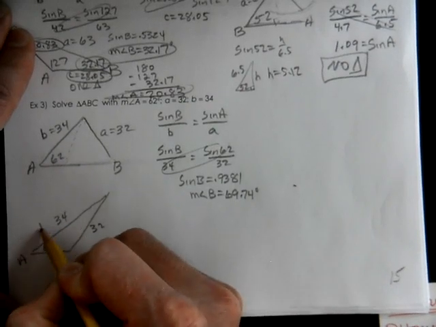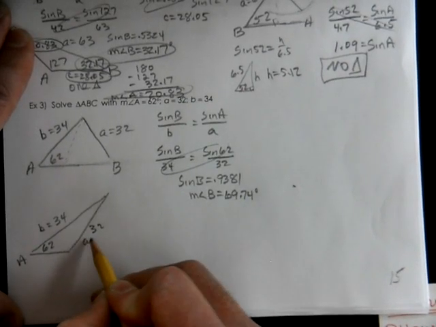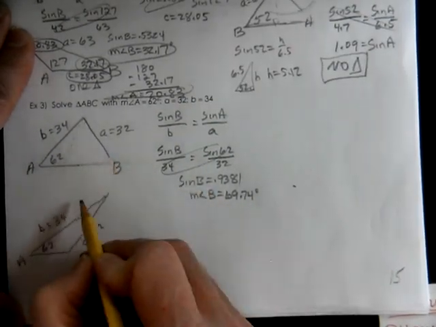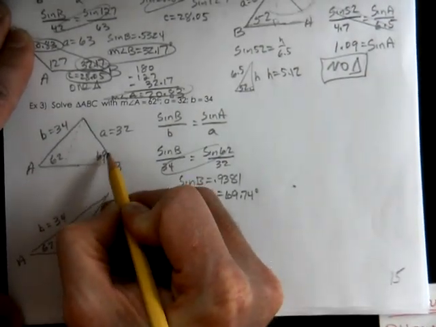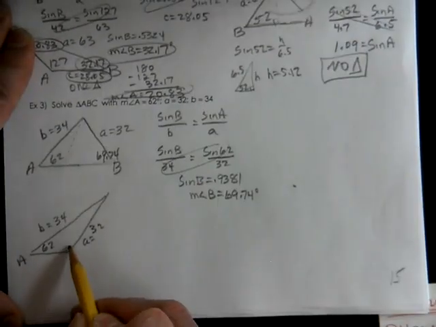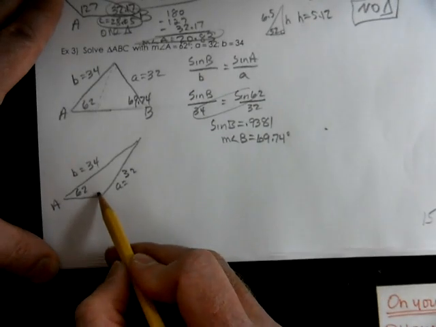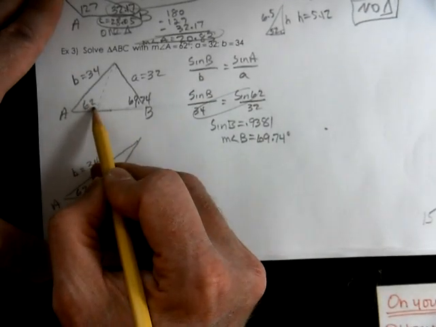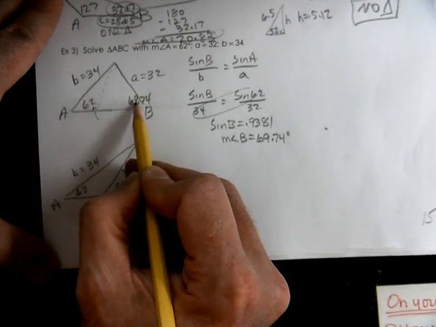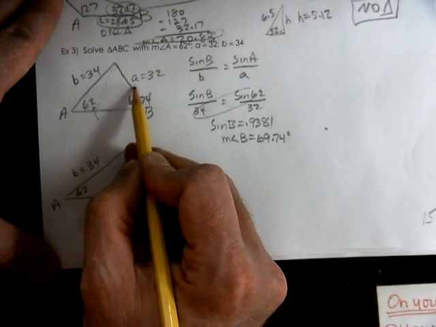We have the 34. And we have this 69.74. How do I find this obtuse angle here? How would I find that angle right there?